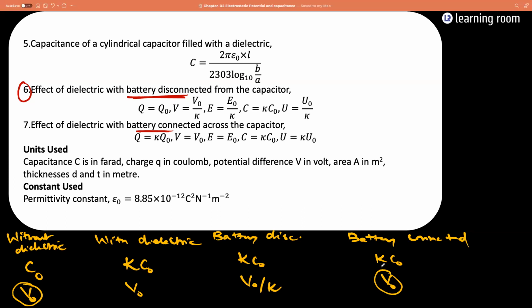Whereas if you remove the charger and start using the phone, it will decrease by a factor of kappa. Only when you start using it without a charger is the battery going to drain.